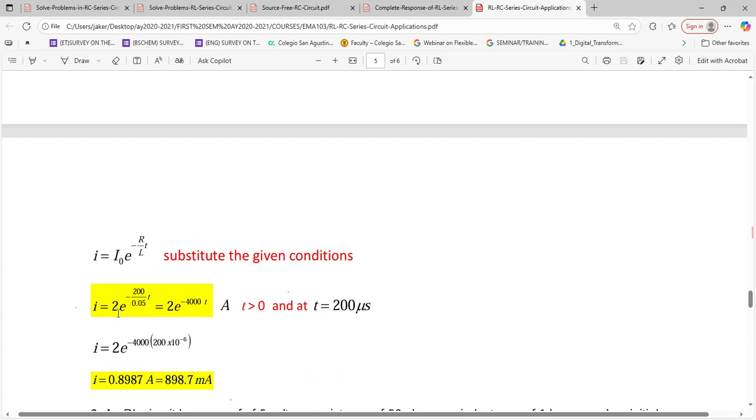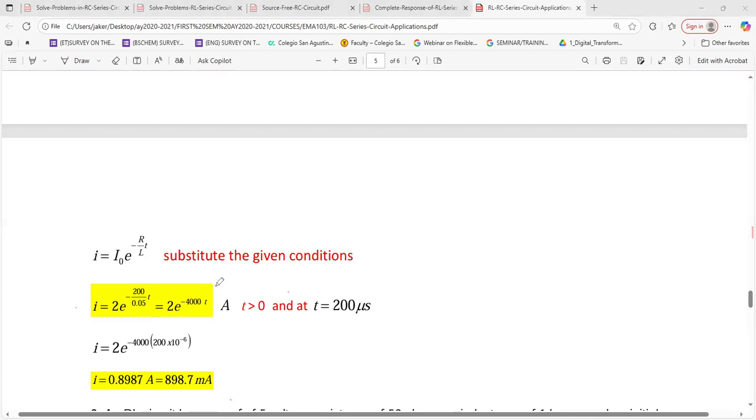You have an initial current of 2 amperes, a resistance of 200 ohms, and an inductance of 50 millihenries, so it's 0.05 henries. Now, you just place in the time generally. Since the problem is asking for the formula for the current in the circuit at any time greater than 0, the formula that you should be answering is this one.